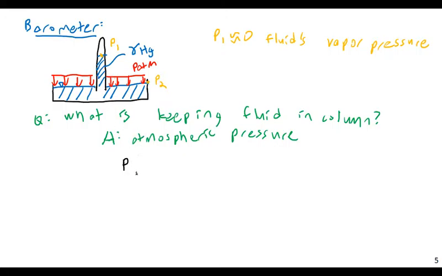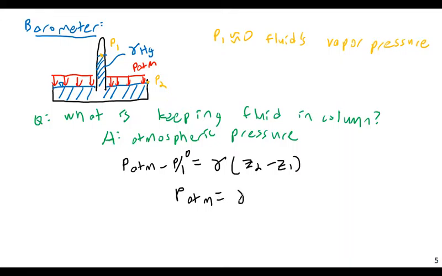So P atmosphere minus P1 is going to be equal to gamma times (Z2 minus Z1). Or, since P1 is basically 0, P atmosphere is going to be equal to gamma H.